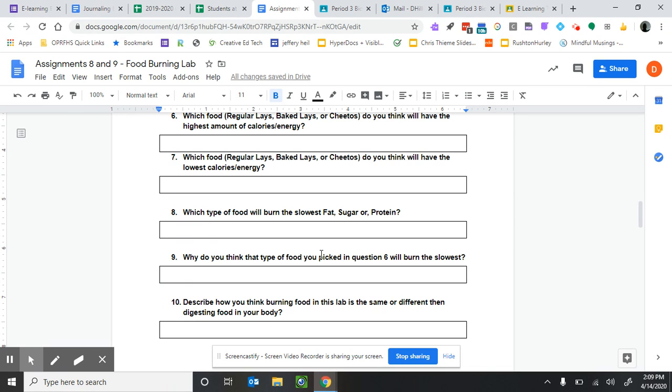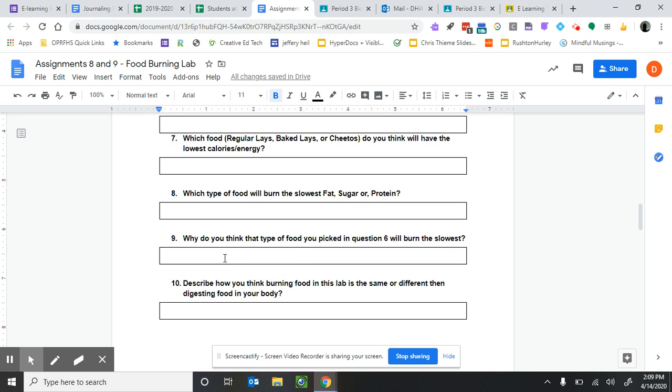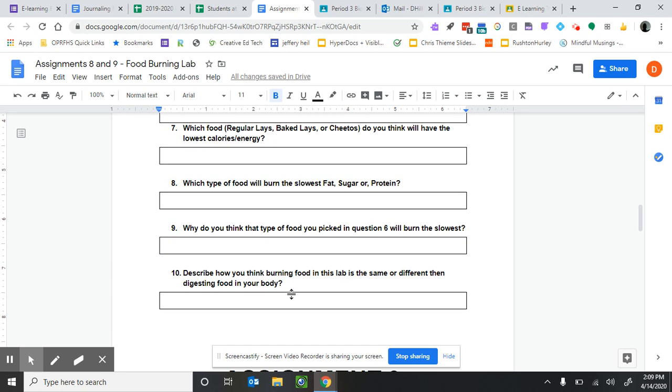Why do you think that type of food you picked in question 6 will burn the slowest? So if it burns slow, it has more calories. Question 10, describe how you think burning food or this lab is the same or different than digesting food in your body. There you go.